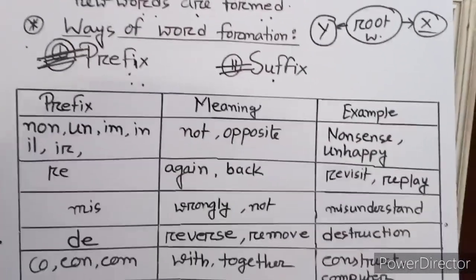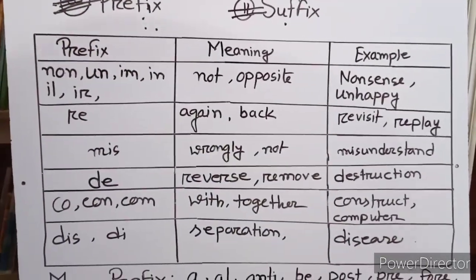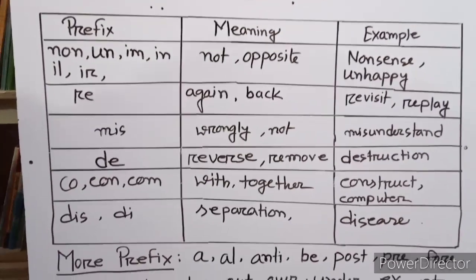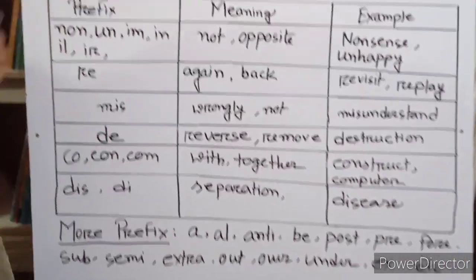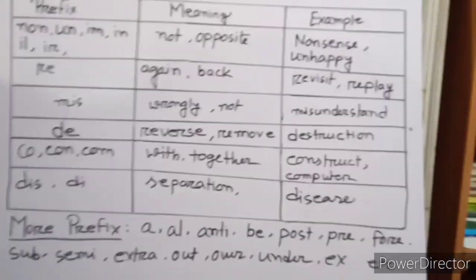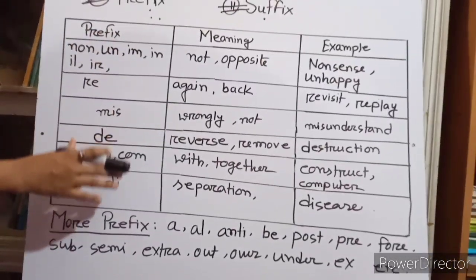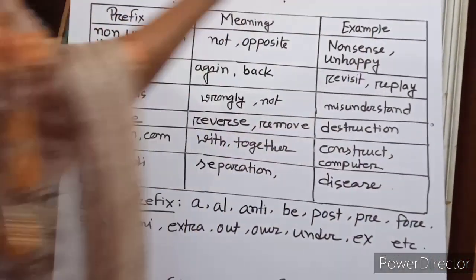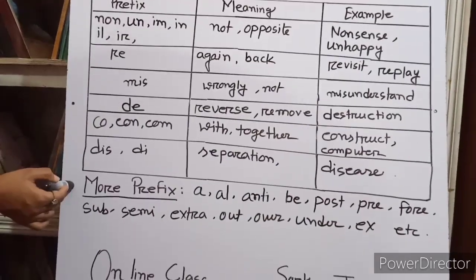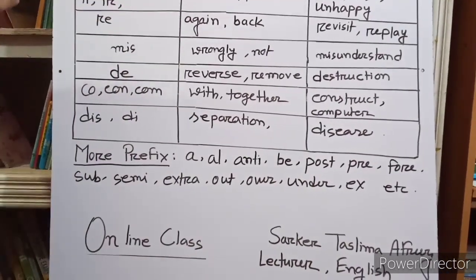There are lots of prefixes in English grammar, but within this short moment, it's not possible for me to show you all the prefixes, but I tried my best to show you the prefixes I mentioned here. I have written the prefix, the meaning and the example. After that, I wrote here more prefixes. I hope it will help you.